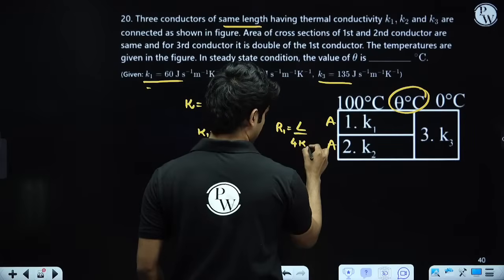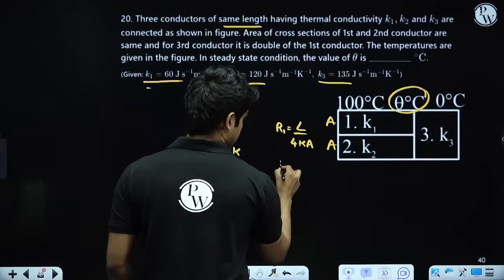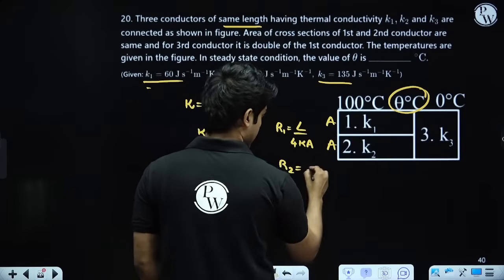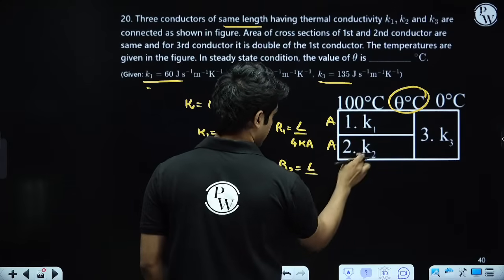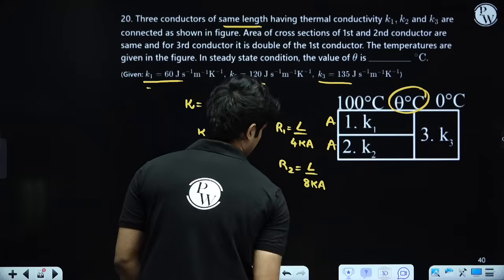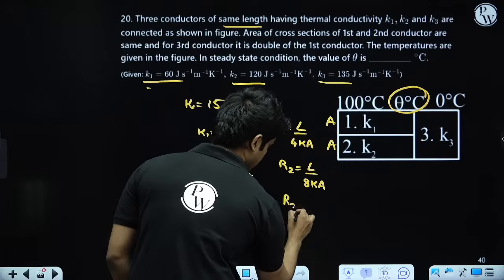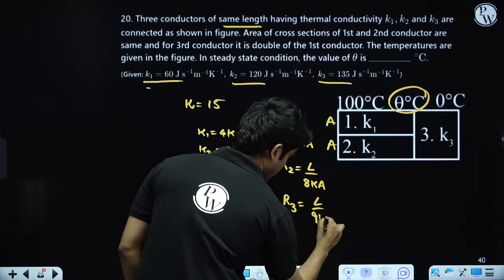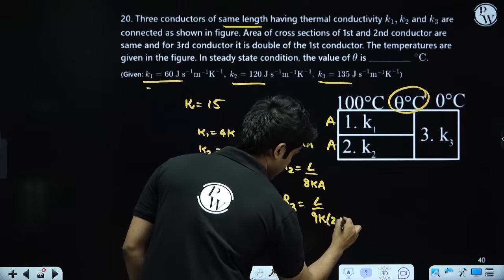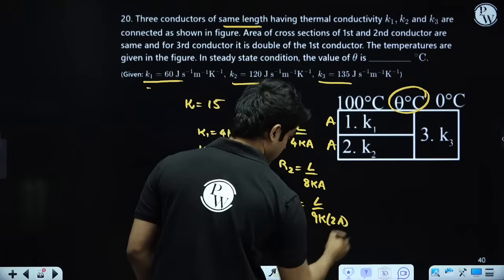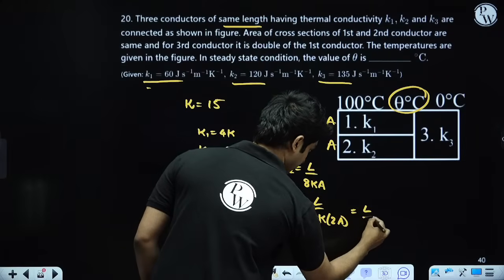So this will be L by 4KA. Thermal resistance of conductor 2 will be L divided by 8K into A, so L by 8KA. And thermal resistance of conductor 3 will be L divided by 9K into 2A, because conductor 3 has twice the area. So this will be L by 18KA.